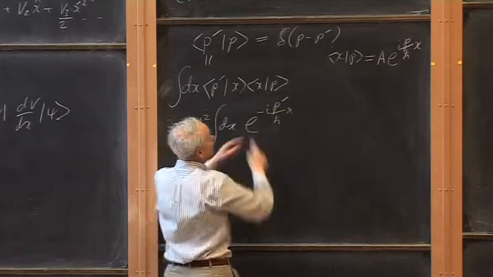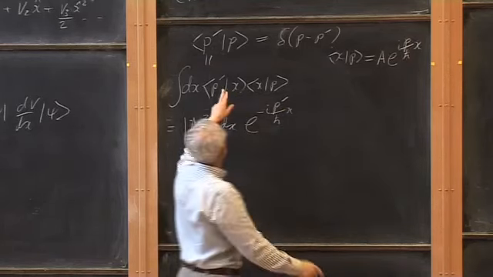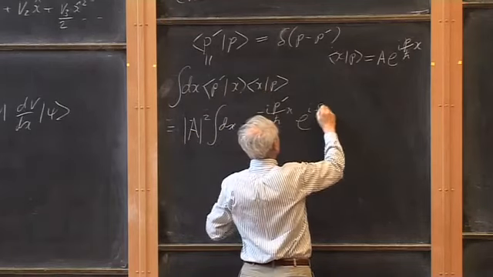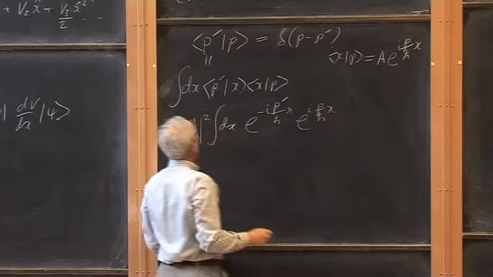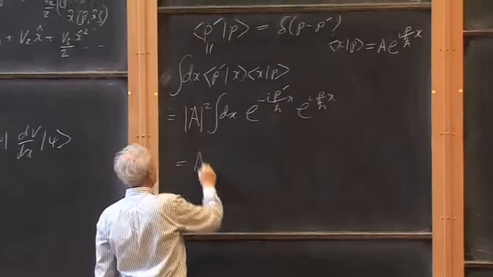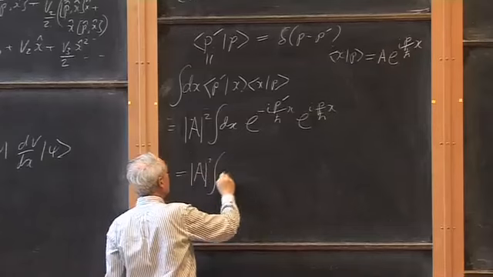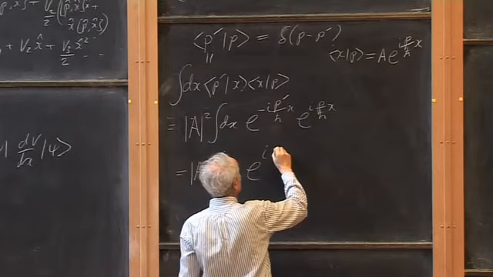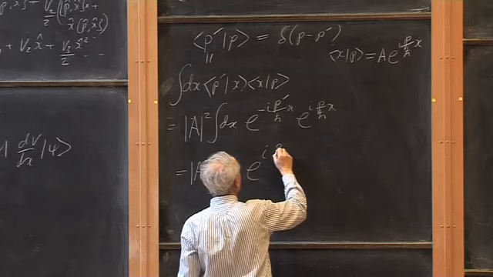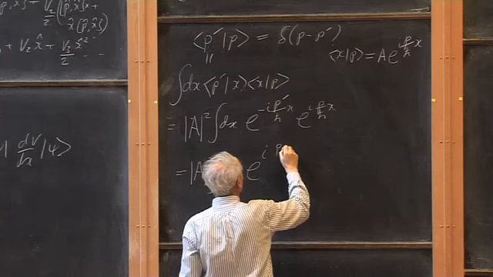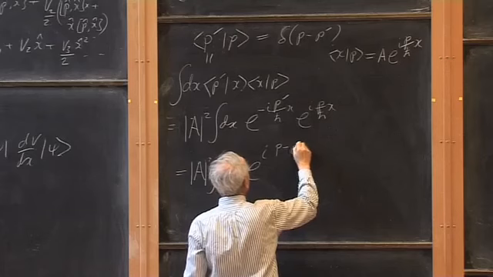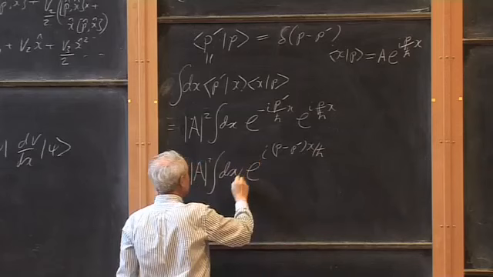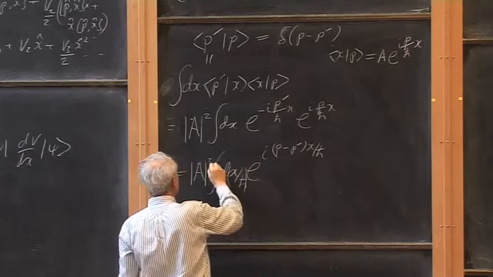That's from here, the complex conjugate of that with p made into p'. And from this, we simply have an e^{ipx/ħ}. And that can be written, just to clean it up a little bit, as the integral of e^{i(p-p')x/ħ} dx/ħ times ħ.